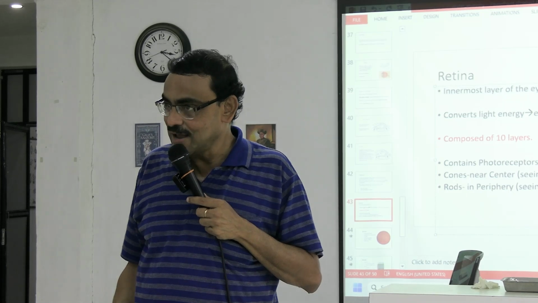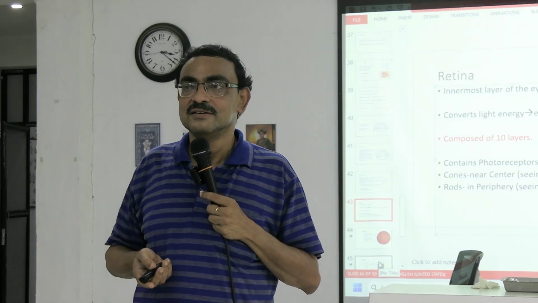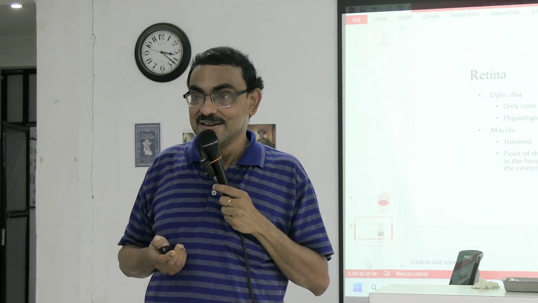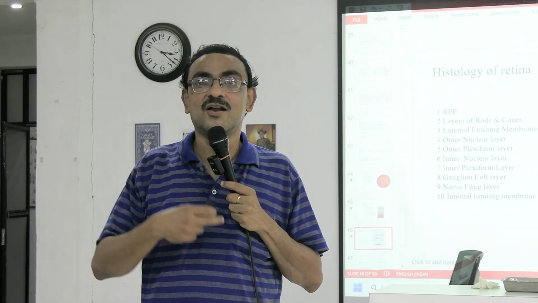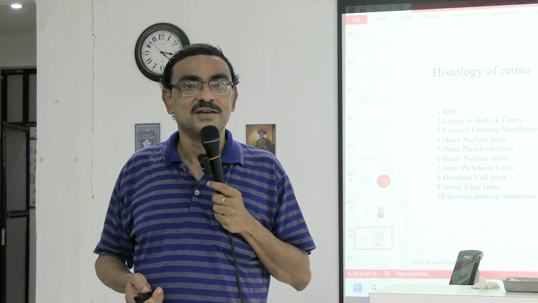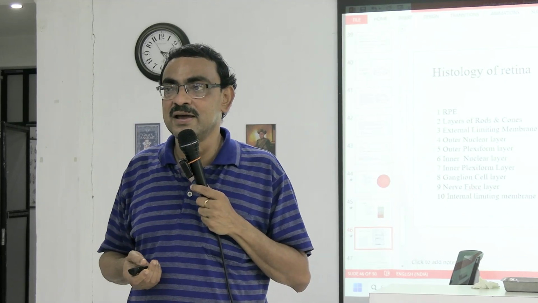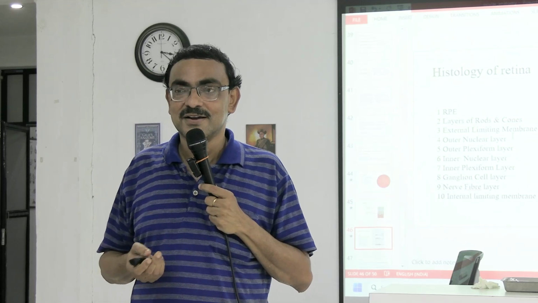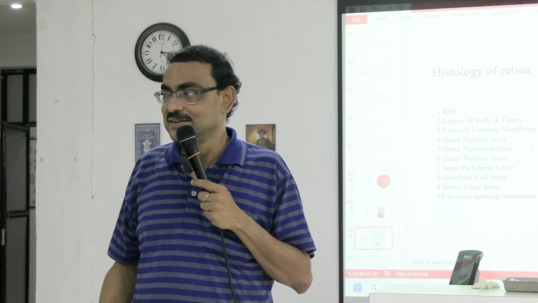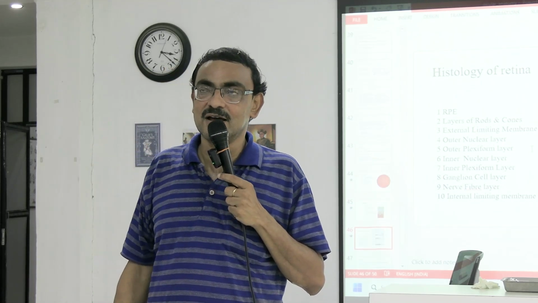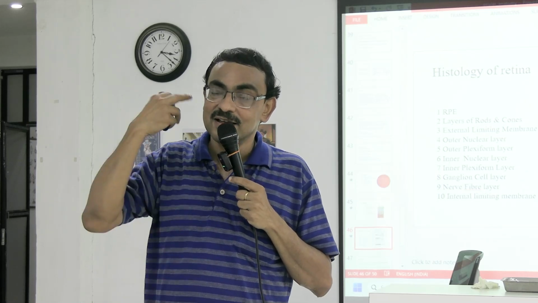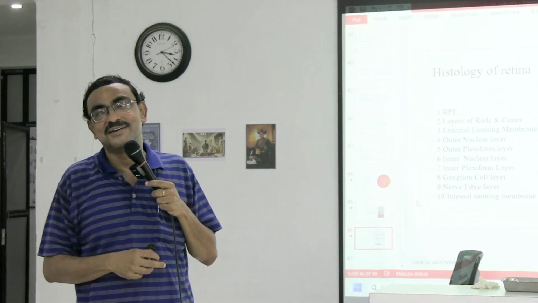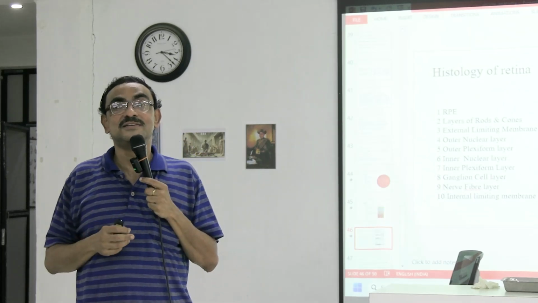And within the nervous layer, you will find so many layers, like layer of rods and cones, external limiting membrane, outer nuclear layer, outer plexiform layer, inner nuclear layer, inner plexiform layer, layer of ganglionic cells, nerve fiber layer, internal limiting membrane.